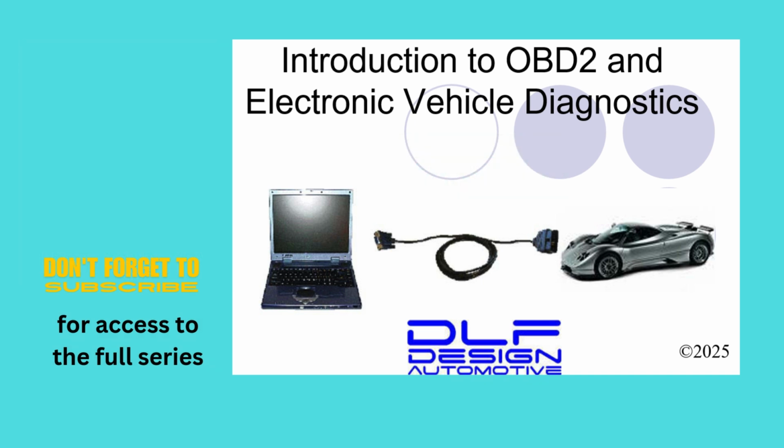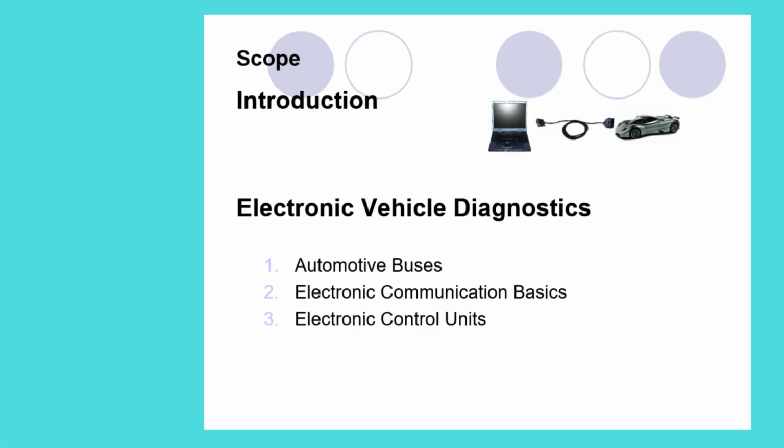Introduction to OBD2 and Electronic Vehicle Diagnostics. We will cover the following scope points during this course. Electronic Vehicle Diagnostics. Under this, we'll cover automotive buses, electronic communication basics, and electronic control units.